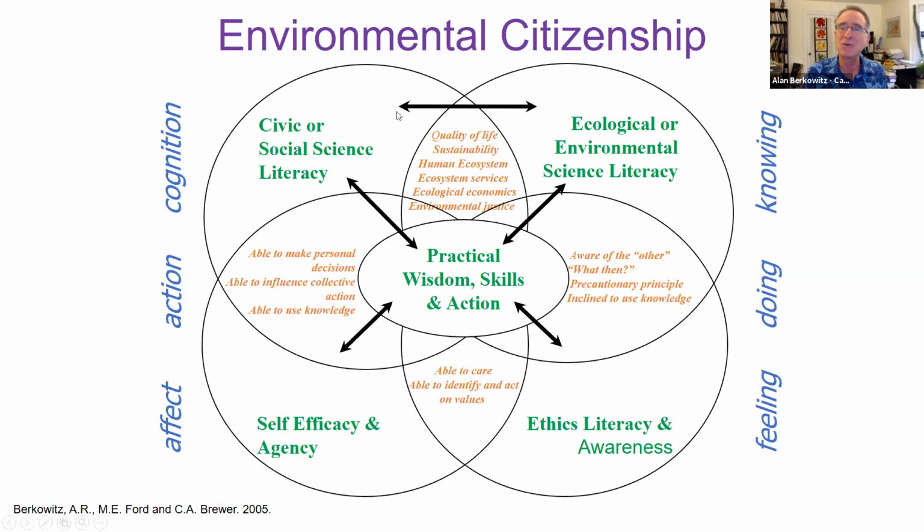It situates environmental science literacy, a cognitive set of understandings and abilities, with some affective or more feeling dimensions, including ethics literacy, awareness and self-efficacy, and this dynamic back and forth between your knowledge, your feelings, and what you actually do. It's not just that we learn these things in order to do things; the arrows come out from the middle. We develop knowledge and feelings based on what we do. So that was a framework that precedes 4DEE.